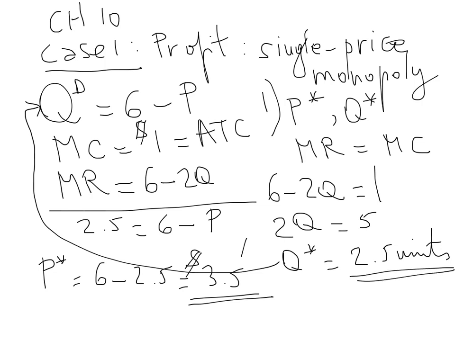Now, a second question that's typical for this type of application is how much profit I make at P star and Q star. So that would be question number 2. What is my profit for this case, single price monopoly?